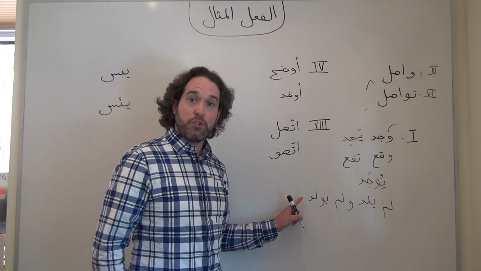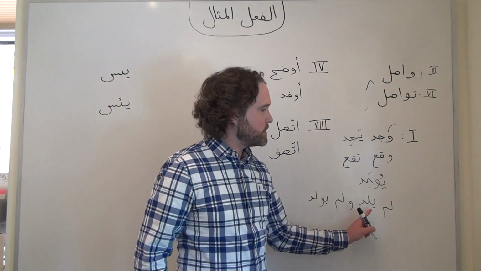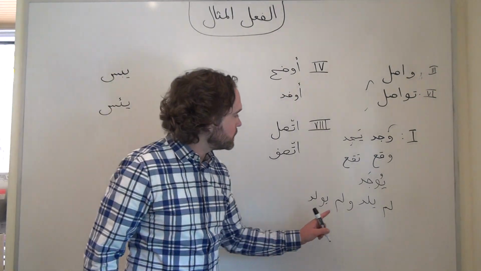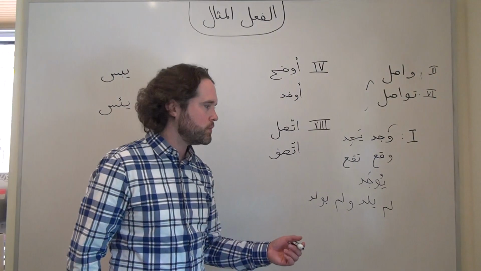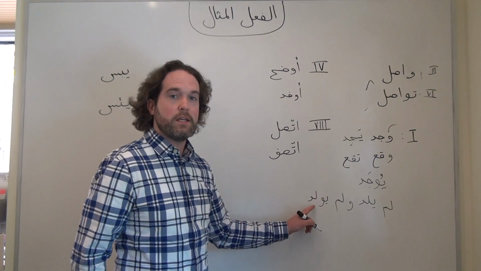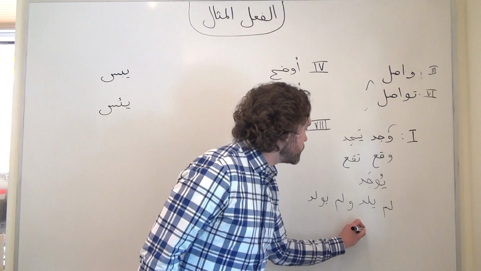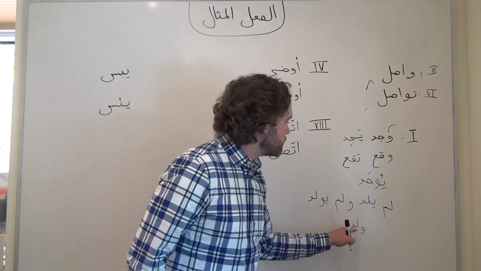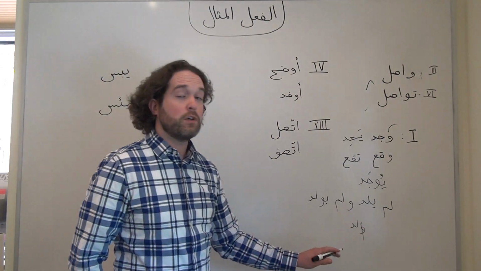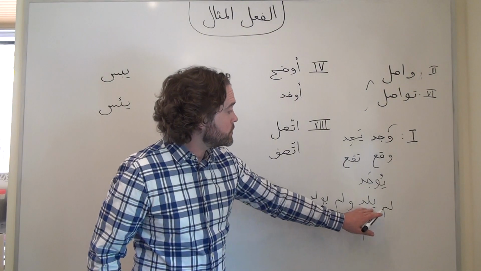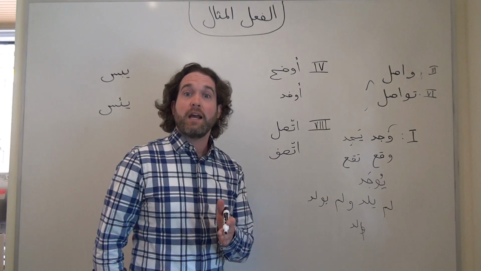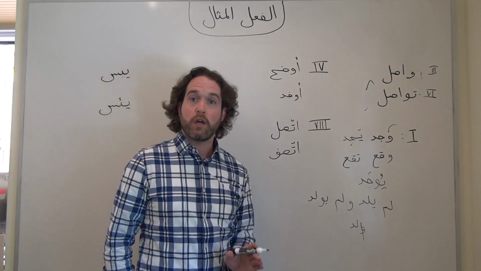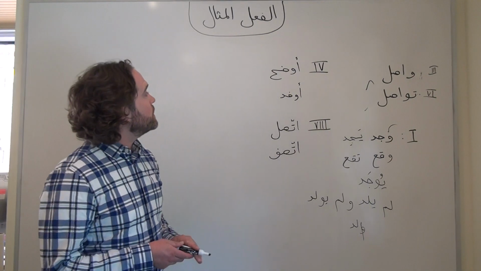Walada is a verb meaning to give birth, and the subject of these verbs is God, Allah. So lam yalid, he does not give birth. Wa lam yulad, he has not been begotten. So from our verb, we've removed the waw when we're talking about the active voice, and we retain the waw when we're talking about the passive voice.